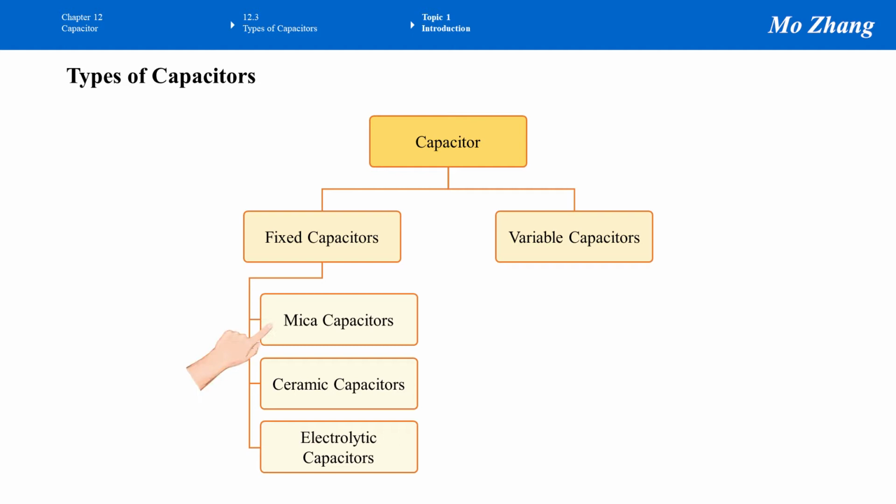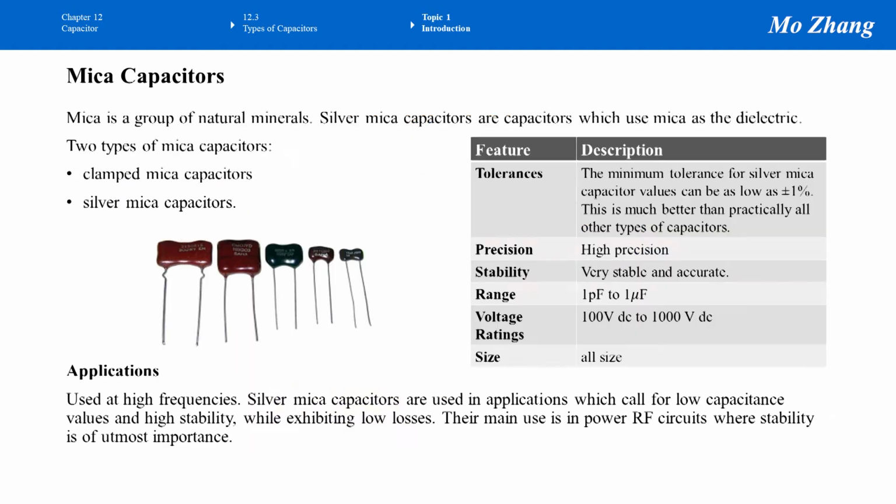For mica capacitors, mica is just a group of natural minerals. Silver mica capacitors are capacitors that use mica as the dielectric, which means we put mica material between the parallel conducting plates to boost the capacity of the capacitor, which is called the capacitance.